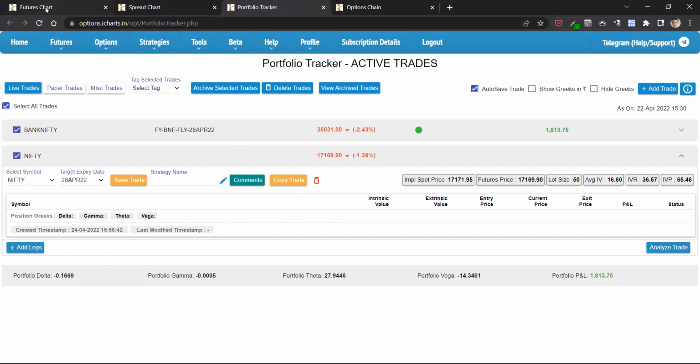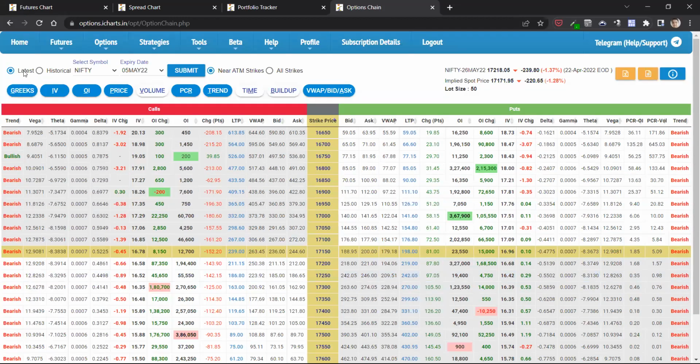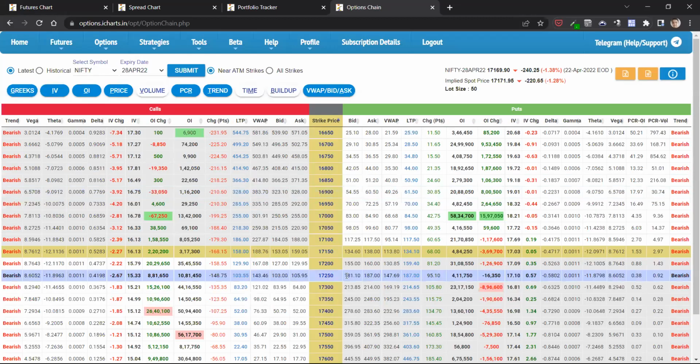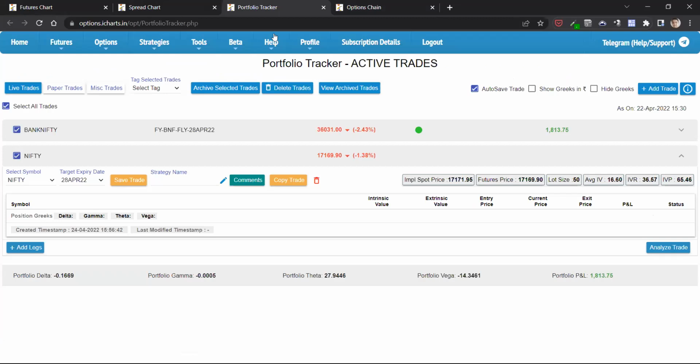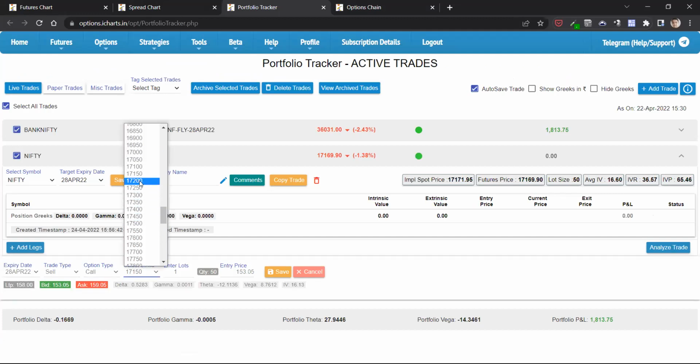Suppose now we are in this trade. Let me take 28th April. I'll take 17.1, 17.2. I'll add 17.2 sell. Since the market is currently bearish, I'm using calls.